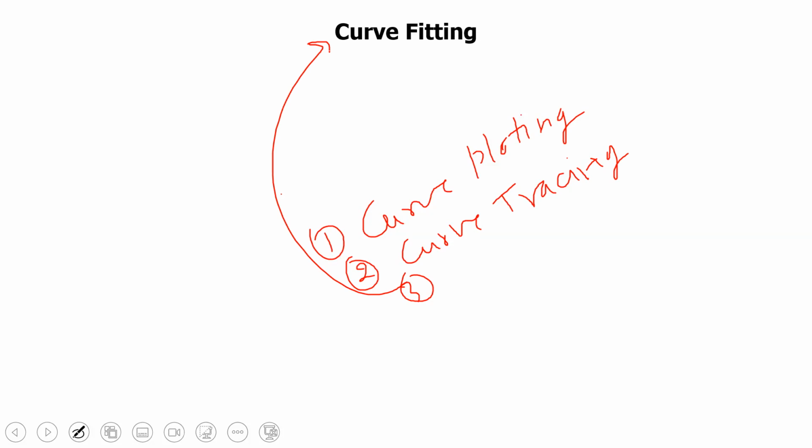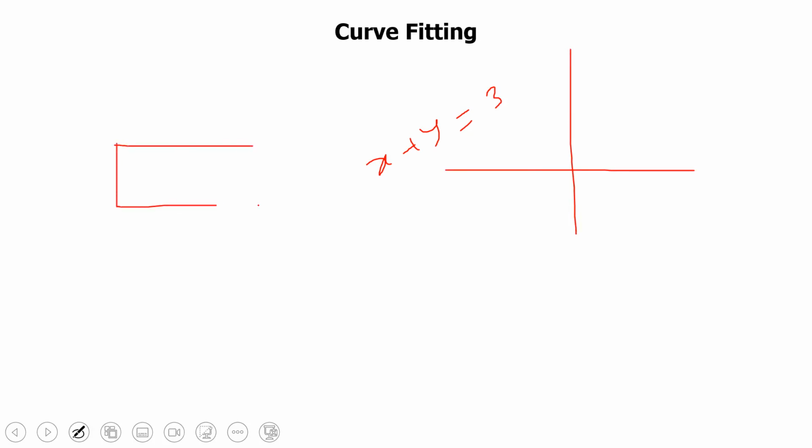So curve plotting means, let me take one example. If we have x plus y equal to 3, this is the equation of a straight line. If you want to plot this straight line, we have to make a table in which for different values of x, we obtain different values of y.